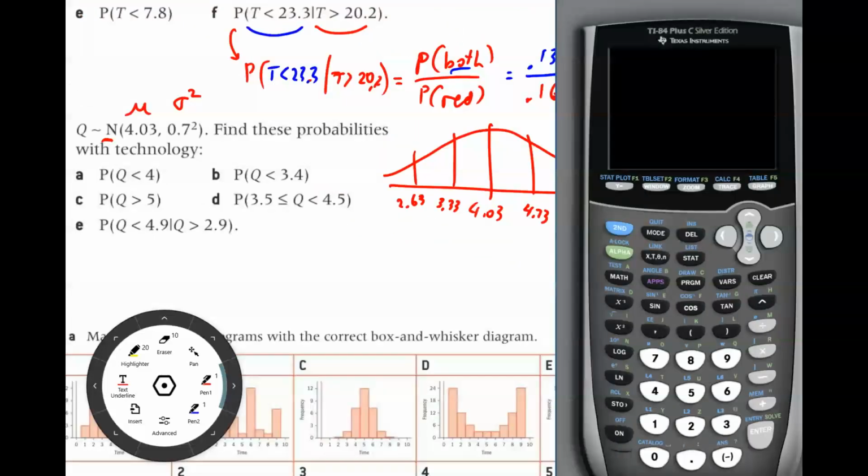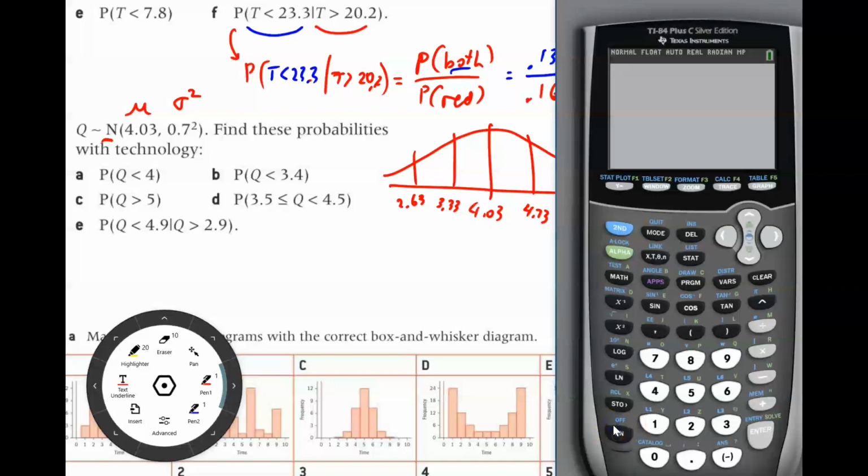This problem says to use technology, so we open up the calculator here, and we're going to use the calculator to calculate these values with 2nd distribution normCDF, right? The first thing says, what is the probability that Q is less than 4? We're going to do normCDF, because in this case they're giving us numbers on the x-axis, and we want to find the area or the probability.